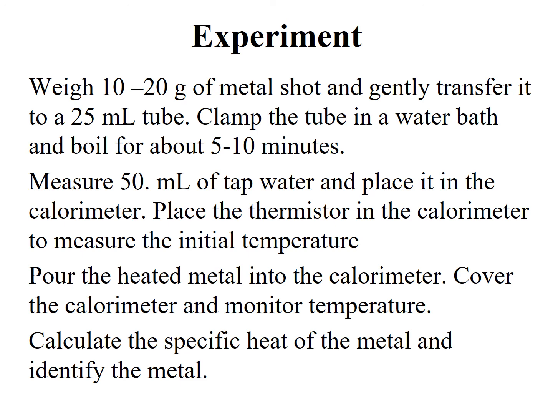Make sure you stir the mixture gently, and cover the calorimeter when you pour the heated metal. You stir it gently and continue to monitor the changes in the temperature. And then from the data with respect to the change in temperature, you should be able to calculate the specific heat of the metal and identify the metal.